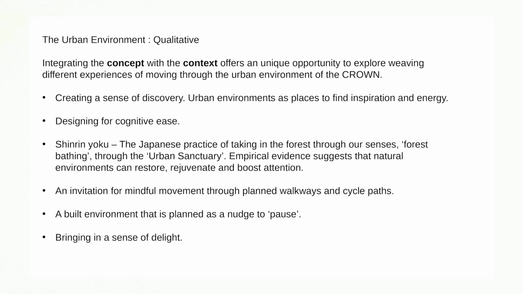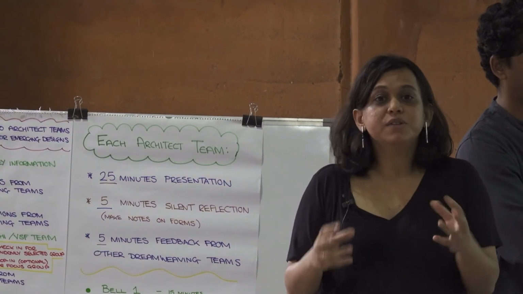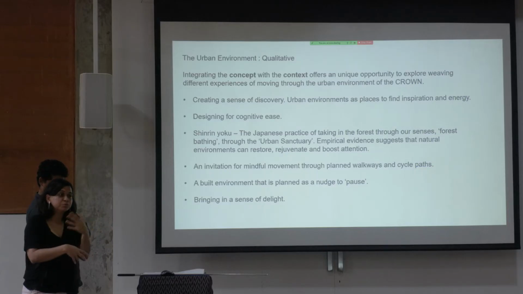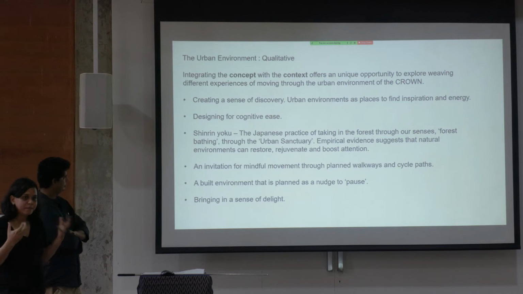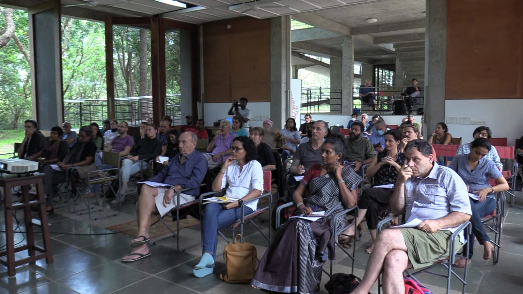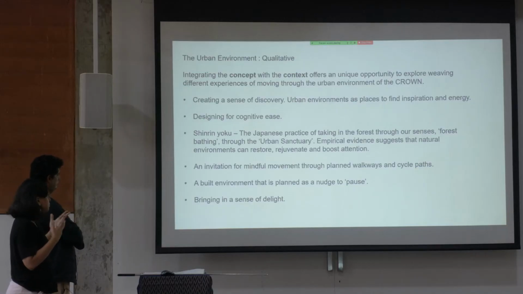Designing for cognitive ease means feeling comfortable knowing where you're going and understanding your environment clearly. Then Shinrin Yoku is the Japanese practice of taking in the forest through the senses, so forest bathing, through the urban sanctuary. People all over the world are trying to create this within the dense urban jungle, but we have the opportunity to do the opposite. So we should really grab that moment, because there's evidence that natural environments can restore, rejuvenate and boost your attention.